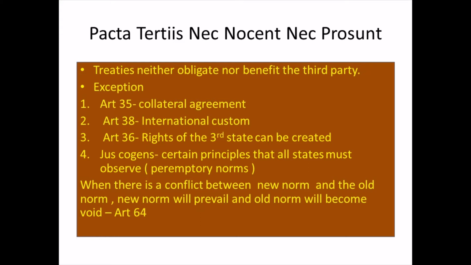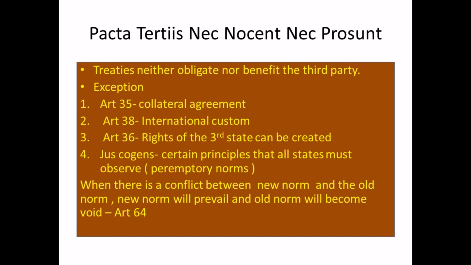Okay, so when there is a conflict, and this is also one of the important points, when there is a conflict between a new norm and an old norm, the new norm will prevail and the old norm will become void according to Article 64. This is very true, right?